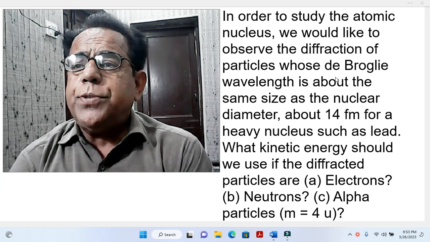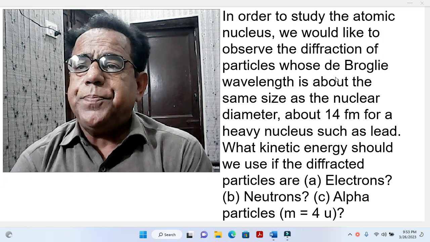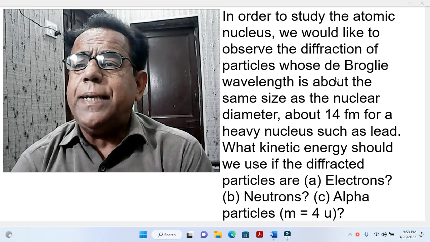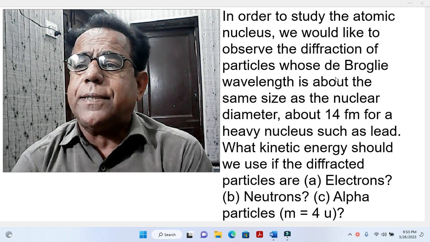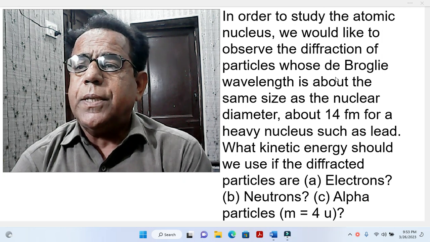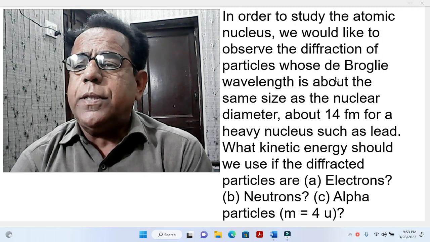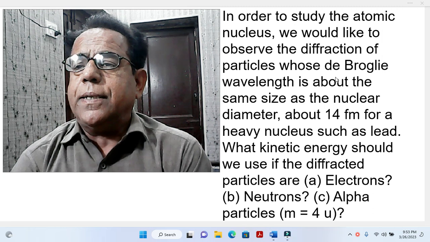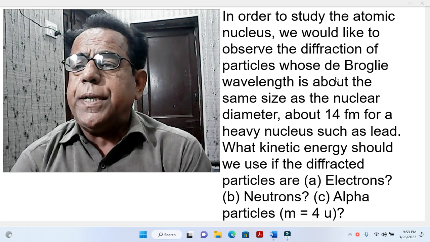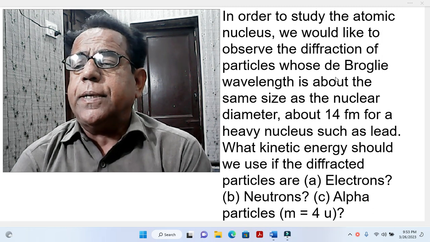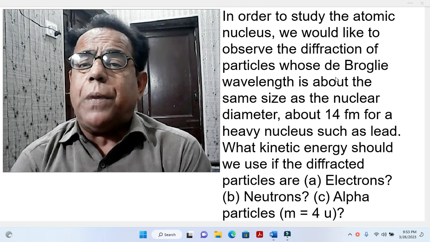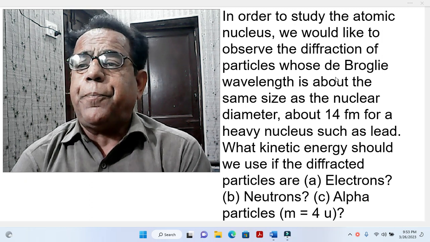In order to study the atomic nucleus, we would like to observe the diffraction of particles whose de Broglie wavelength is about the same size as the nuclear diameter, about 14 femtometer. Femto means 10 to the power minus 15.